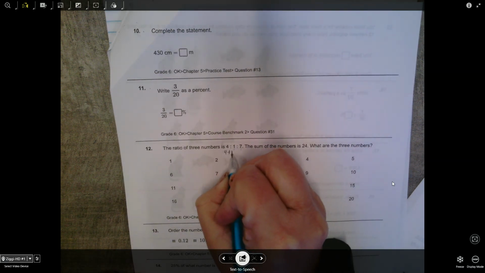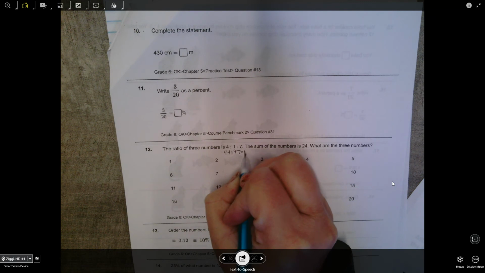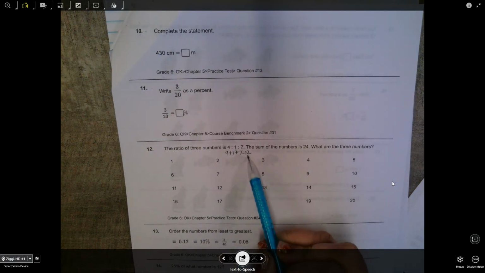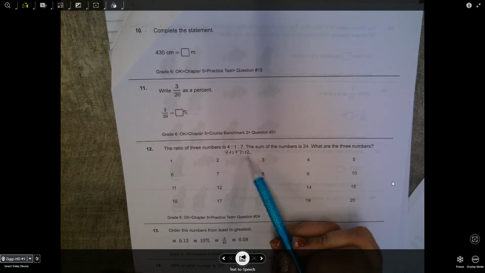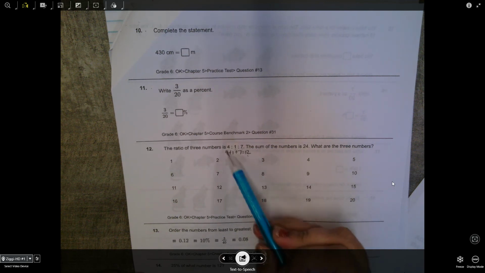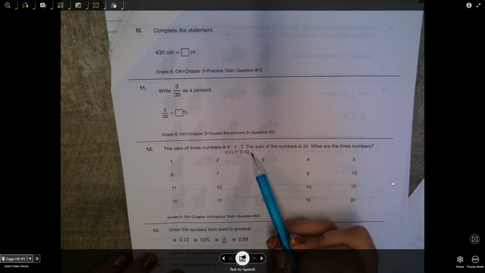So that would be helpful in finding them. You have to find three numbers in the same ratio, so an equivalent ratio, but when you add them all together, you're going to get 24.